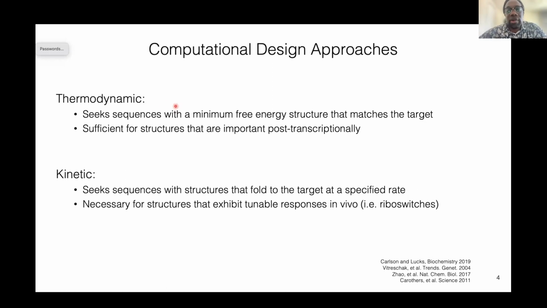The one we're going to talk about today is the thermodynamic framework, where what we're trying to do is simply identify a collection of sequences that allow us to adopt a particular target structure.